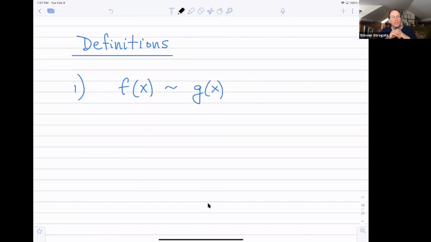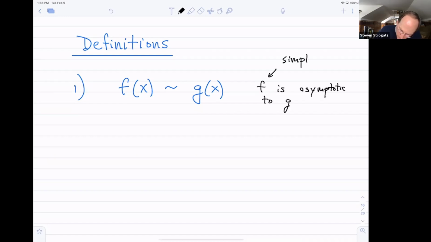Okay, so the first one is this symbol, which is the asymptotic symbol. We'll say that a function f is asymptotic to g, where usually the function f is going to turn out to be something hard, or difficult or complicated.